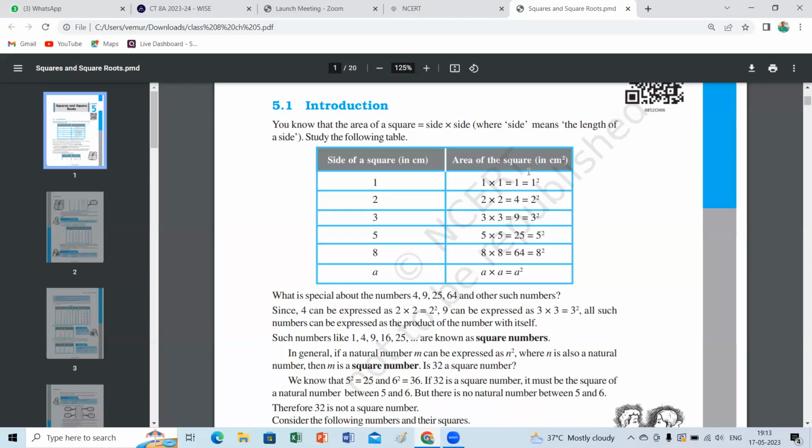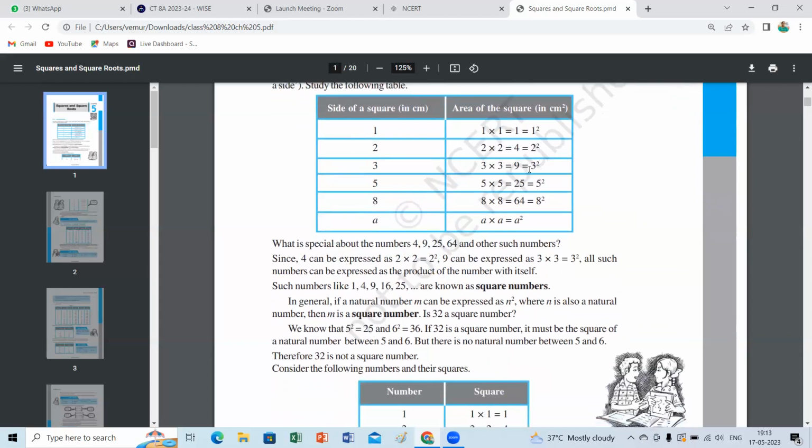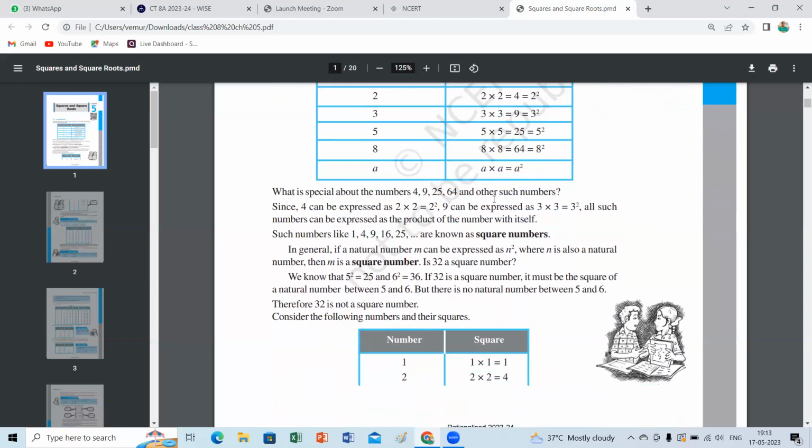Any other numbers? Ma'am, 1 again, and 0 also. Very good. These are the only digits occurring in square numbers. By looking at 32, we cannot express 32 as a square number because the units place is 2.